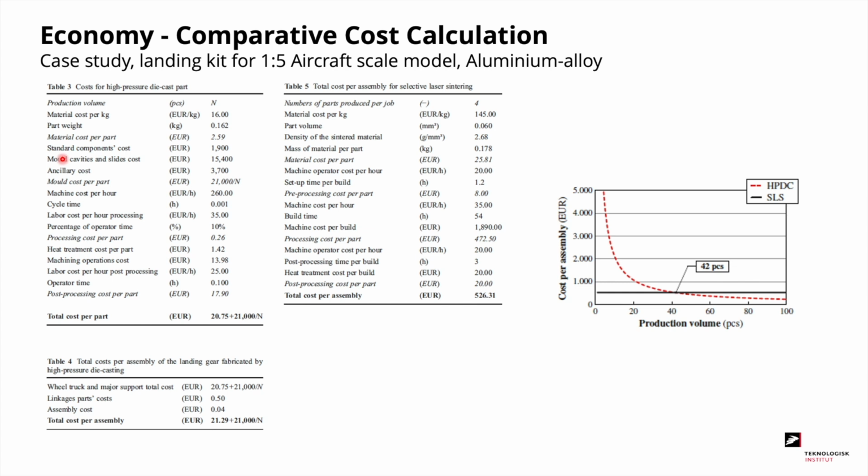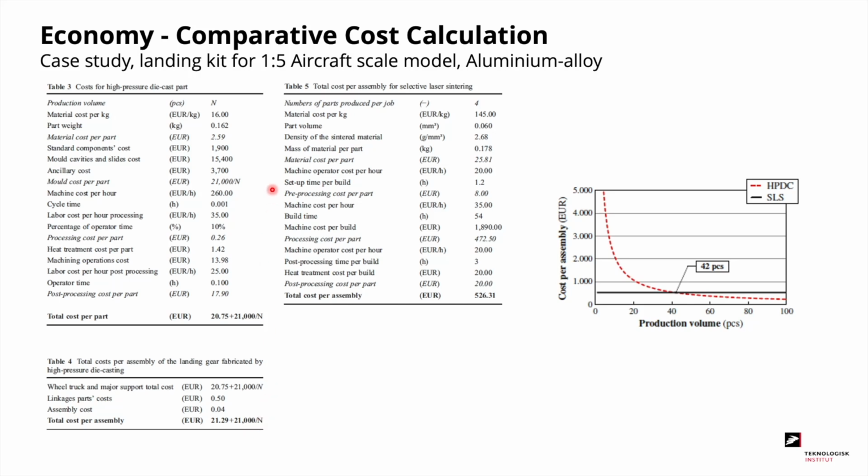To the left you have the traditional fabrication methods, and in italic you have the values that you add up. You have the material cost per part, you have the mold cost, a very heavy contribution. You have the processing cost per part, and post-processing cost per part, and a few additional contributions at the bottom, summing up to 21.29 euro plus the heavy 21,000 euro, which represents the die casting mold.